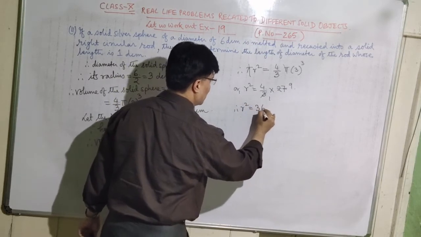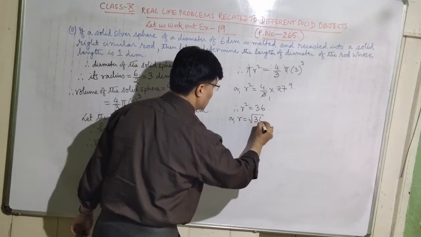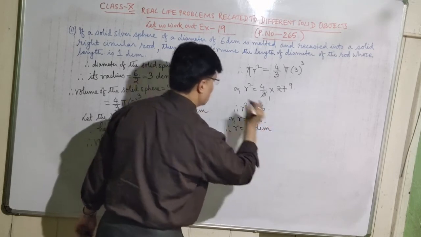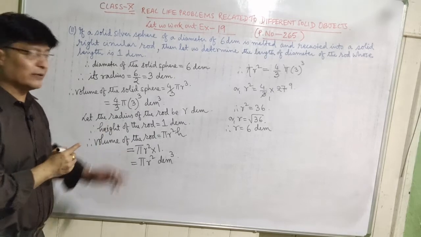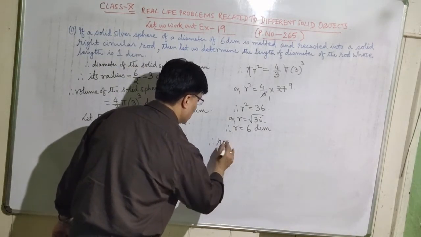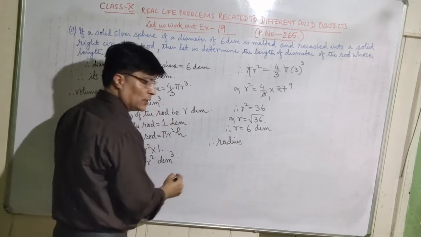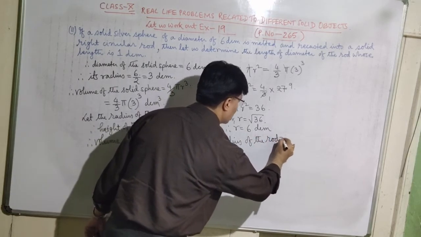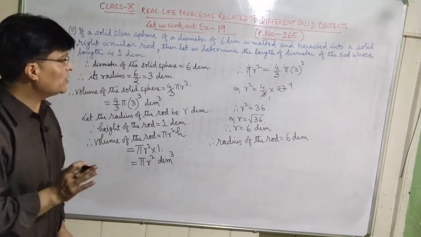4 9s are 36, what is r? It is root over 36, that means r is equal to 6. What is the unit? It is decimeter. So r is the radius of the rod, therefore radius of the rod is equal to 6 decimeter. But what is to be determined here?